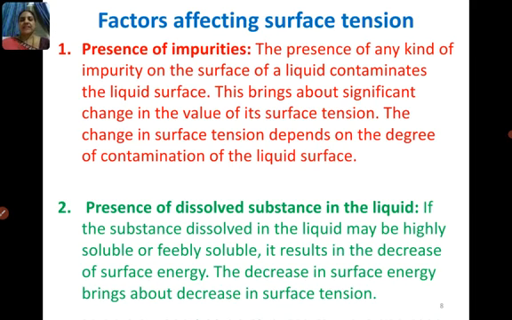The second factor, presence of dissolved substance in the liquid. If the substance dissolved in the liquid may be highly soluble or feebly soluble, it results in the decrease of surface energy. The decrease in surface energy brings about decrease in surface tension.